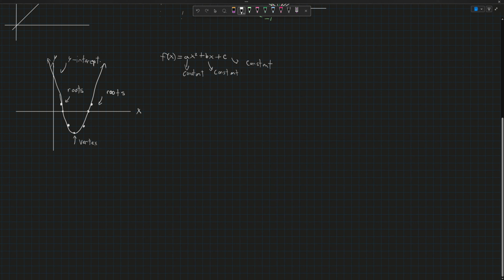Now, the way we find the vertex, or at least where it's located, is by using this formula here: negative b over 2a. And if we want to find exactly what the roots, x1 and x2, are, then we need to use the quadratic formula.